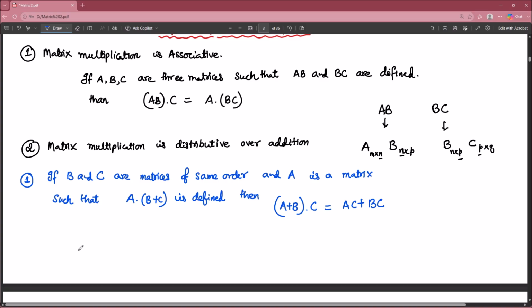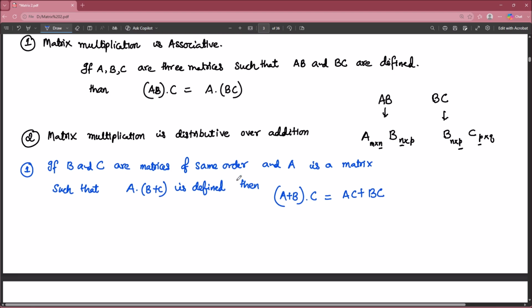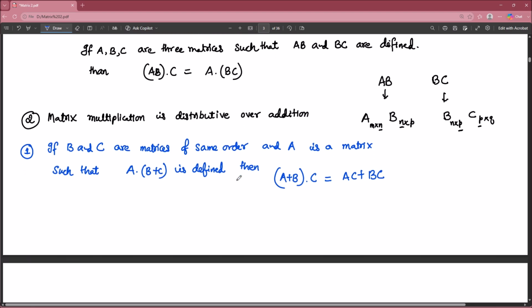So here we are saying that if B and C are matrices of the same order, as we know that in matrix addition, two matrices can be added or subtracted only if their order is the same.